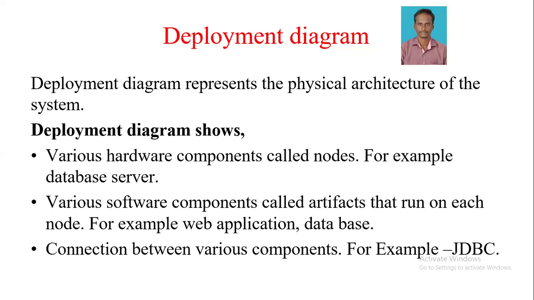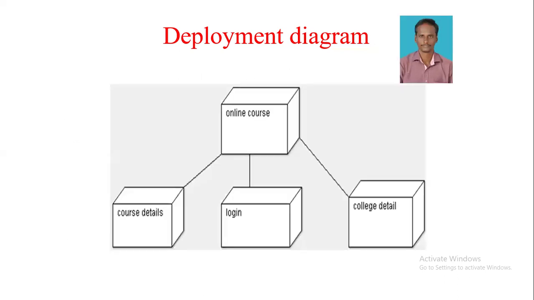It also shows the connection between various components, called JDBC. An example is online courses, where whoever logs in should know the course details and may get the college details.